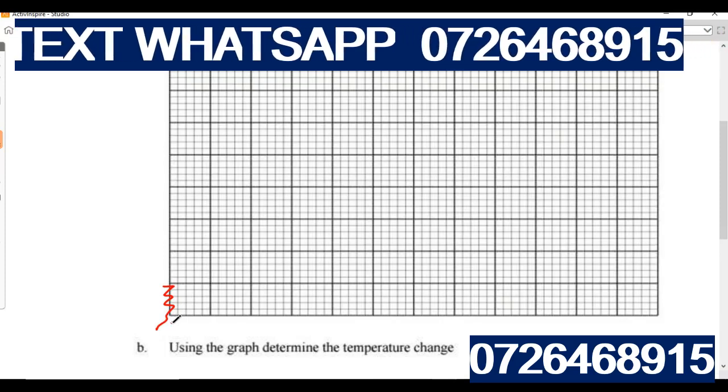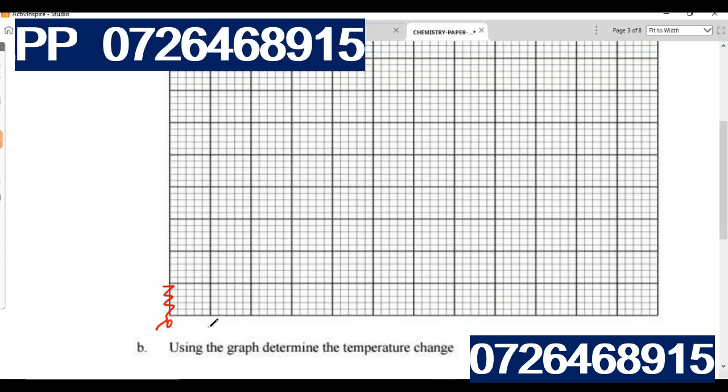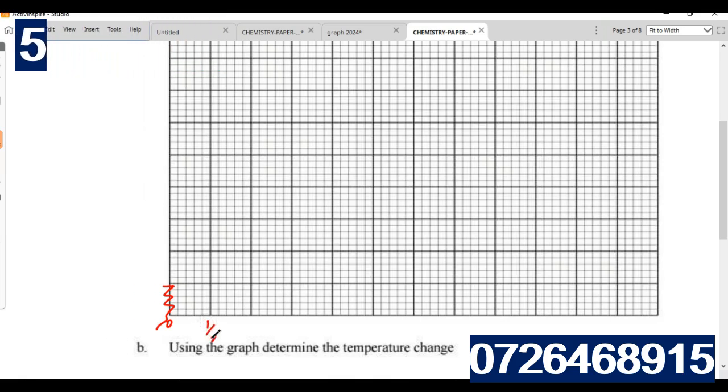Like this. Here we can have 0 for the time, a half, 1, 1.5. So you write the time in minutes. Then here you write the temperature, temperature in degrees Celsius.